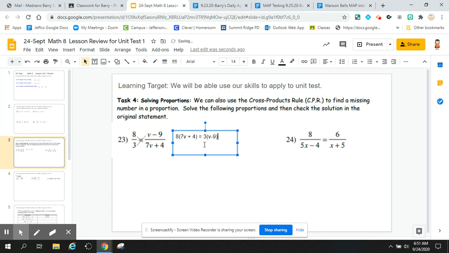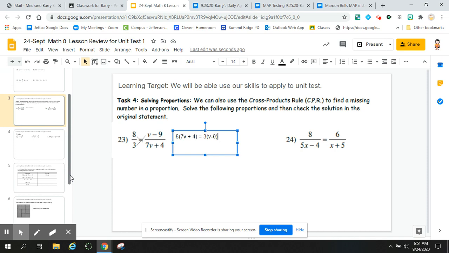And here you have an equation with variables on both sides. The same thing you would do for 24. You would take the 8 and multiply it times x plus 5. Then you would say equals, and then you would go 5x minus 4 in parentheses times 6, similar to this example that I just put in this text box.